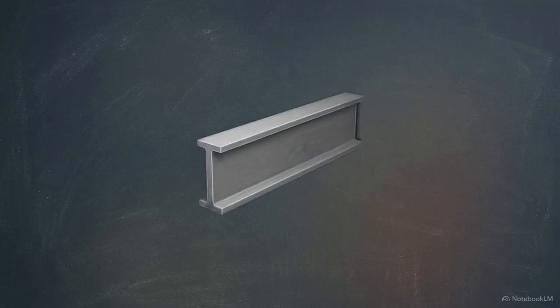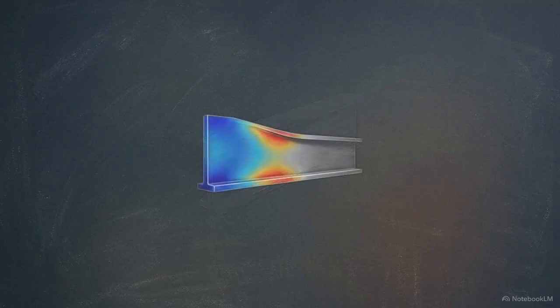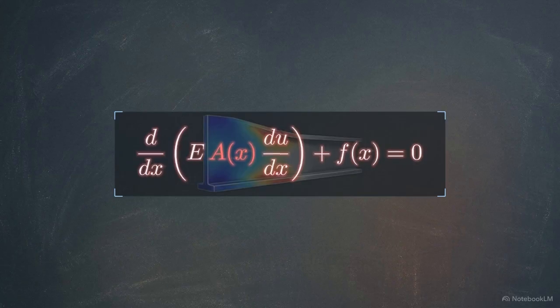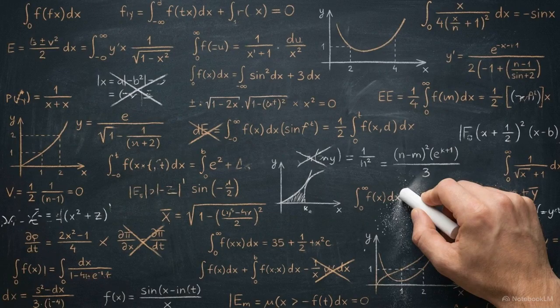But suppose we introduce a physical variation, like a tapered element, where the cross-sectional area decreases from left to right. This change in area complicates the underlying governing differential equation for this specific element. Calculating the stiffness matrix requires integrating shape functions over the element's volume. When that volume varies, hand derivation becomes an arduous task of complex calculus.